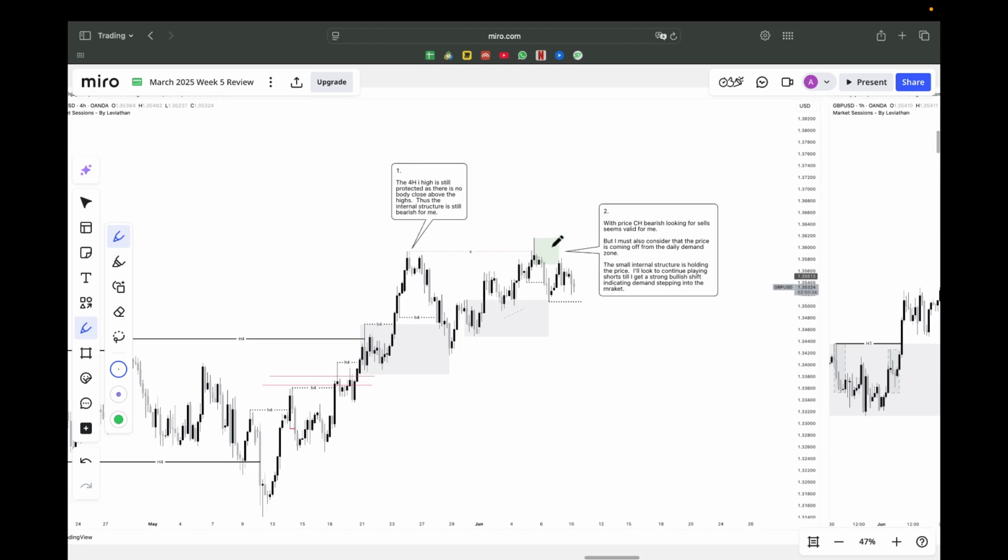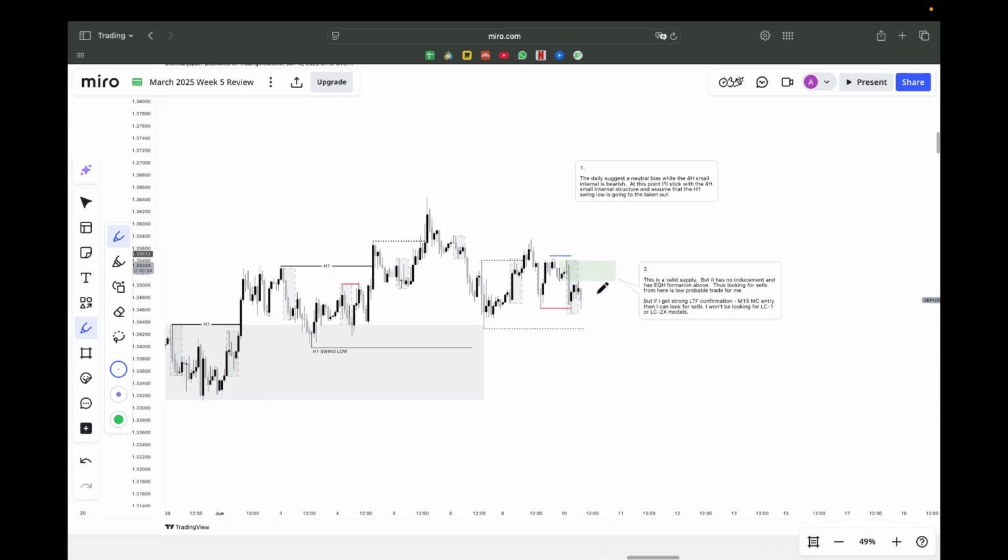This was the supply that got respected yesterday, and there was a massive push down, but price did not take out the weak internal low. So still we got some chance. If there is some H1 structure that we can capitalize upon, we can target these lows. So let's not lose hope.